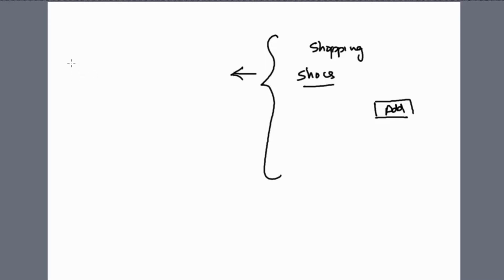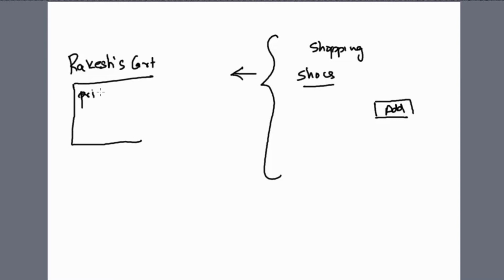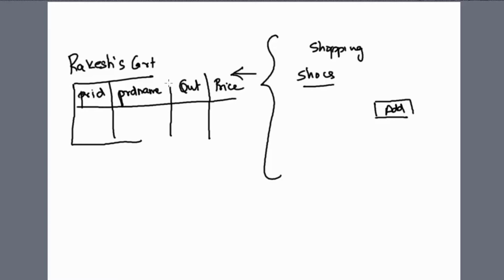So when you add to cart, it will say in a table, Rakesh's cart, this table will have something like product ID, product name, maybe the quantity, and say price, something like this. It can have other stuff like date. We're not going too much into it.